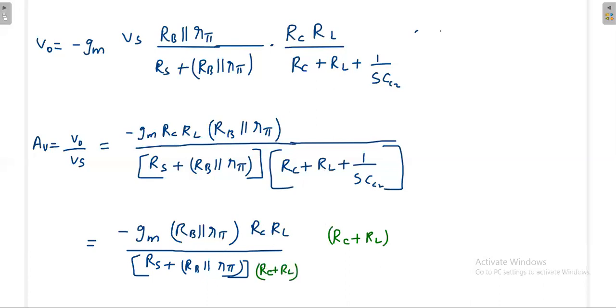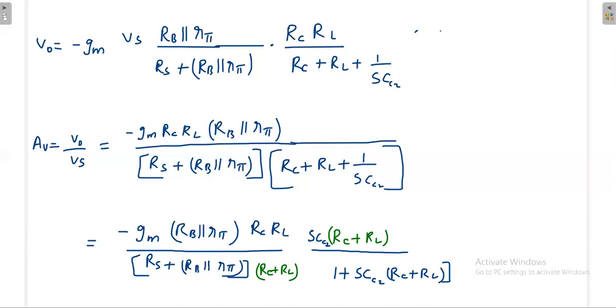Once I modify this, sC C2 will come up. Then this one is 1 plus sC C2 (RC plus RL). Now what is happening?